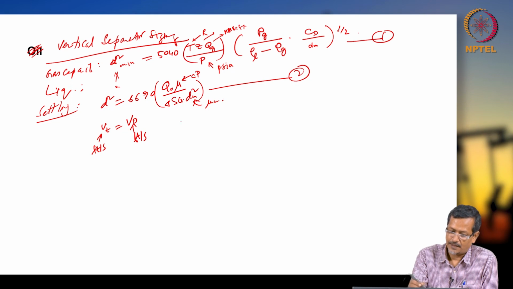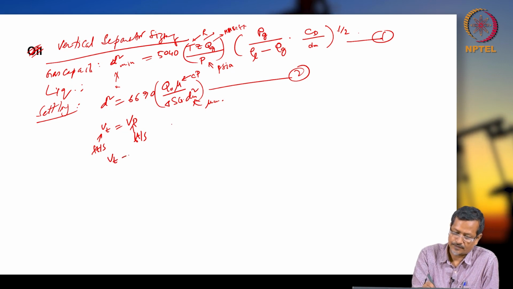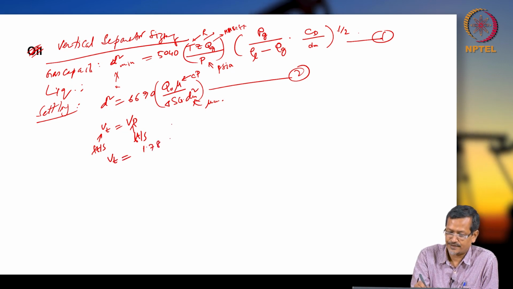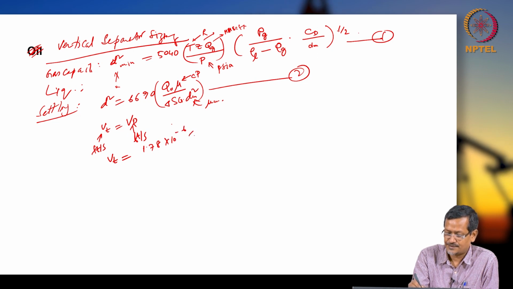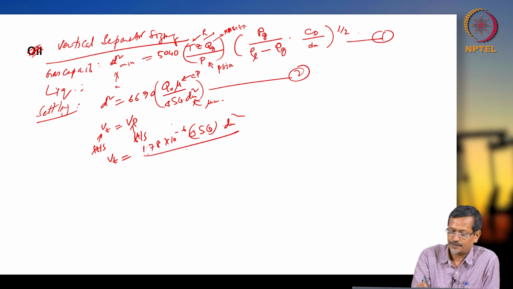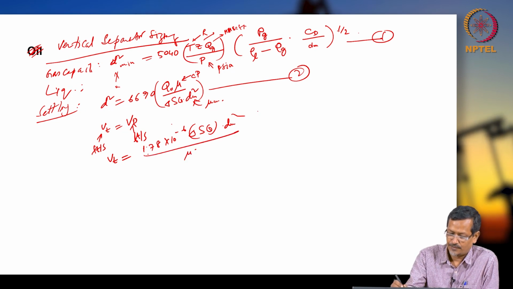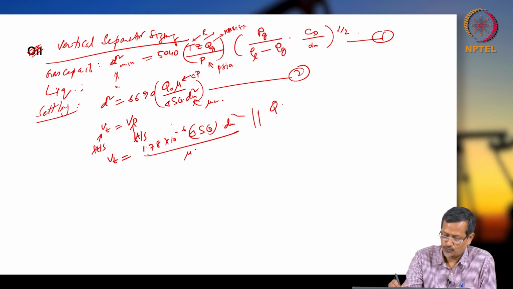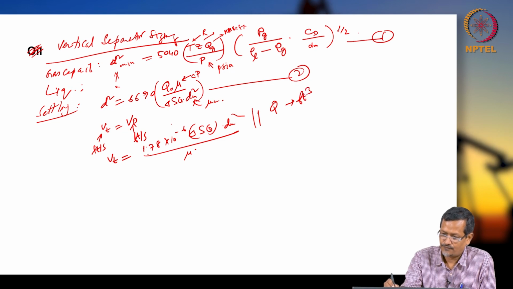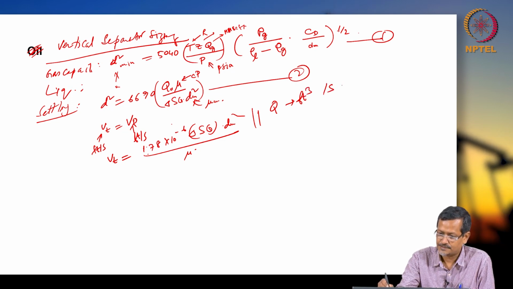The Vt formula is 1.78 10 power minus 6 del Sg dm square by mu, with Q in feet per second.